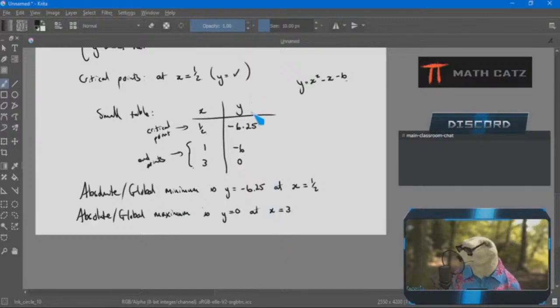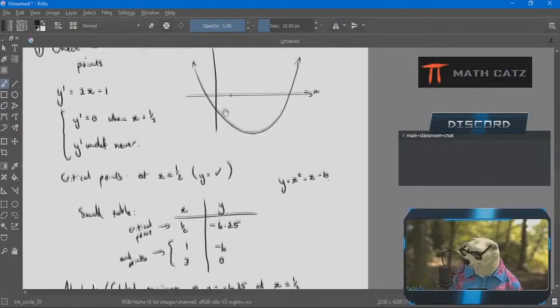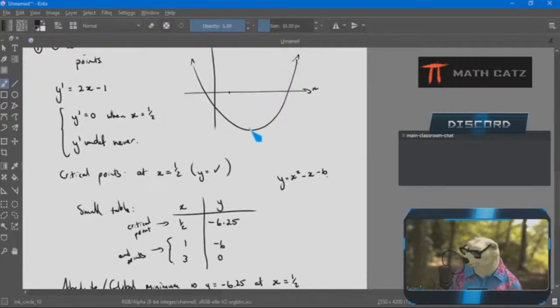So just for the sake of argument here, I think my graph is way off. So let's suppose I have 3 and 1, maybe like this. You see that this critical point that we got, this isn't very good. Oh, no, it's backwards. I see, sorry.